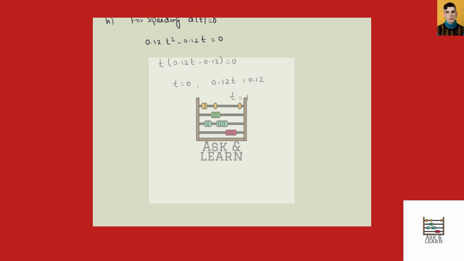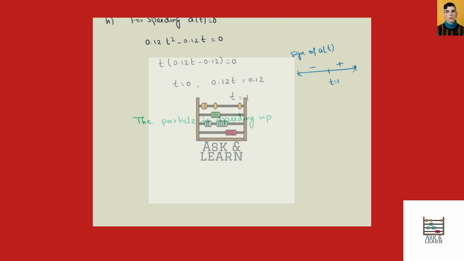So here we can say the particle is speeding up. We can consider time t equals to 1. Here from 0 to 1, the sign of a of t is negative, and from 1 to infinity the sign is positive.